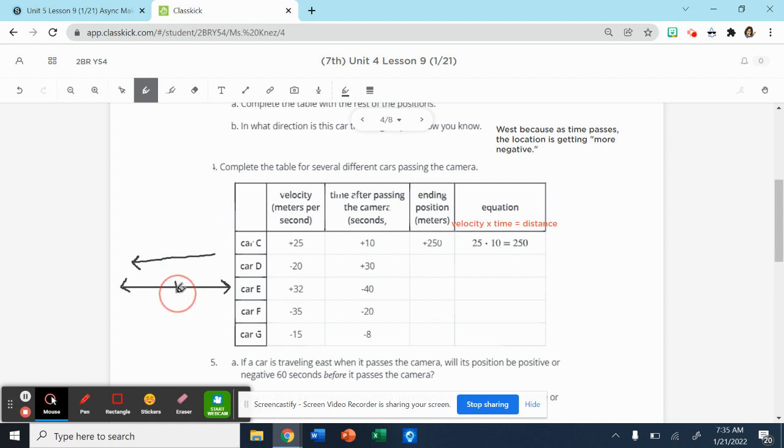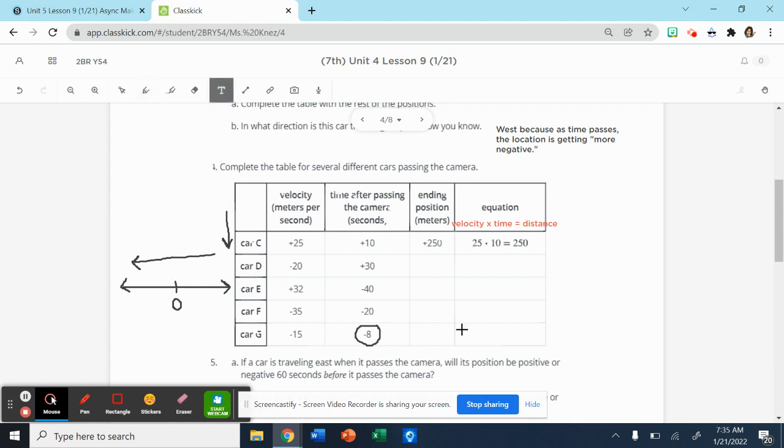But the time for this car is negative 8 seconds before the car passes the camera, which means that the ending position is going to be somewhere over here in the positives. And the reason is because the time is before it passes the camera and it's moving west.